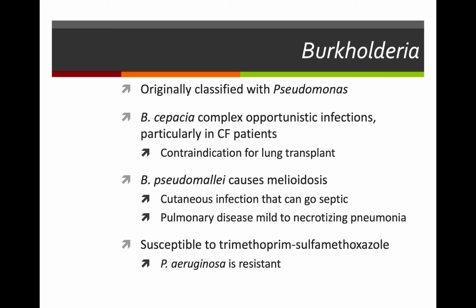It really depends on who's doing the abbreviation. The generic name would be something like Bactrim. So Burkholderia is susceptible to TMP-SMX or SMZ, whereas Pseudomonas aeruginosa is resistant, because Pseudomonas aeruginosa is pure evil.